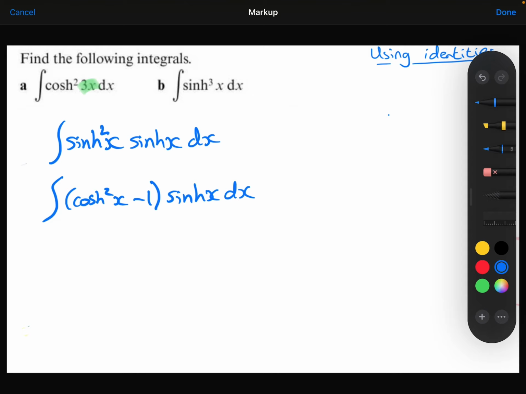I'm now going to expand the brackets. So I'll get sinh times cosh squared minus sinh.